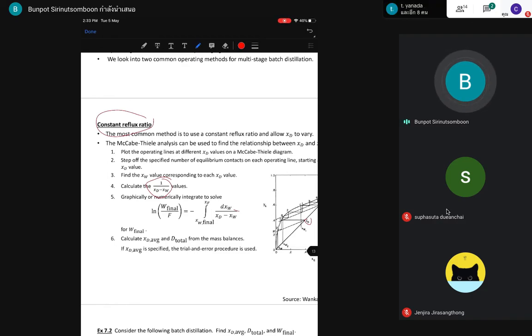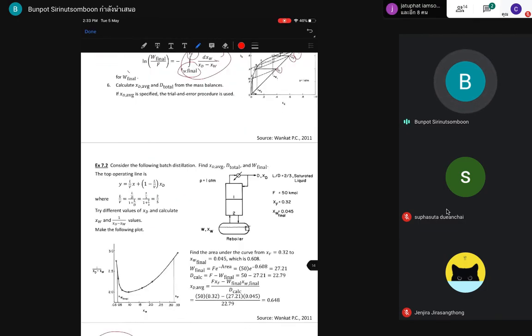Finding the area under the curve means finding the value of this integral right here, between xw final and xf. Once you find it, you can calculate W final, xd and D total. This is how you do the calculation for the constant reflux ratio.